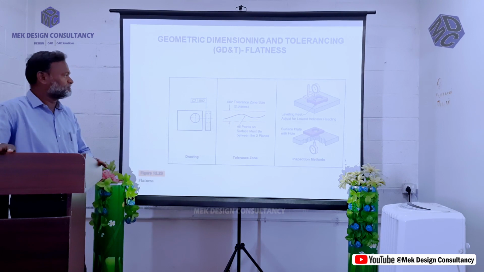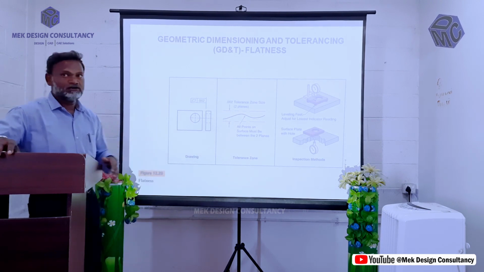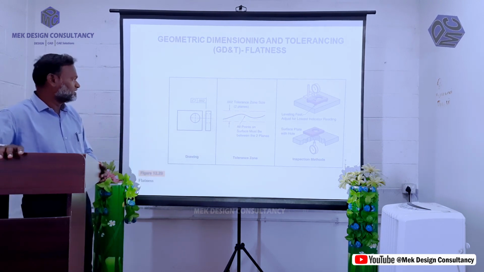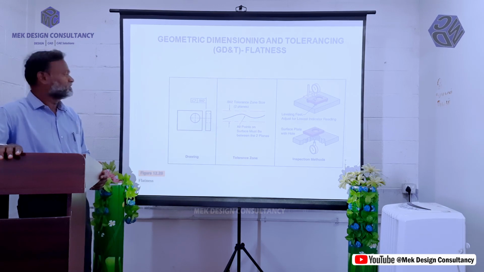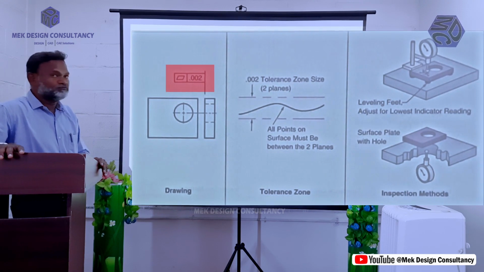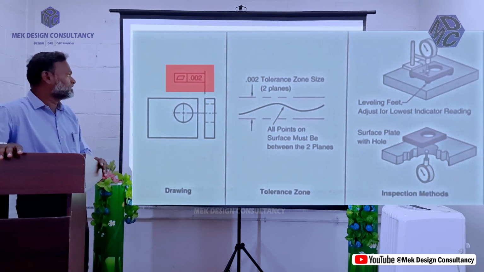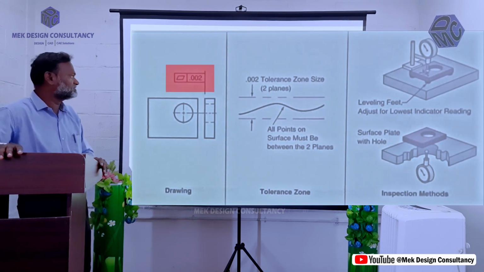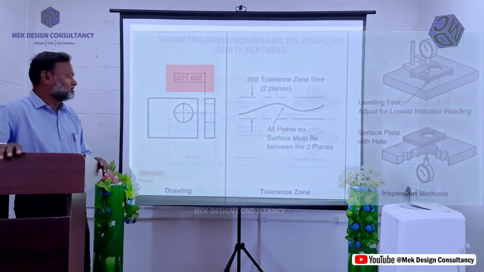See here we have three drawings. One is for drawing and its representation: a rectangular plate with a hole. So we have a front view and a side view. Here the representation is flatness and the tolerance is 0.002.